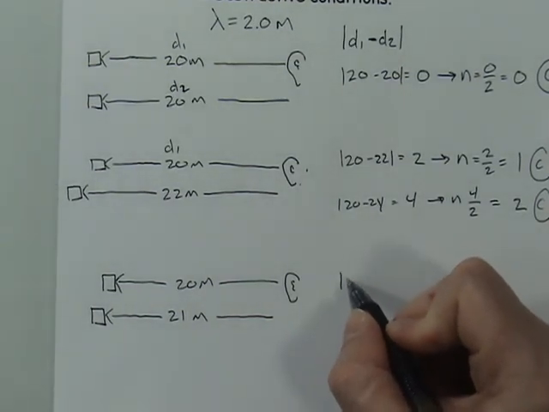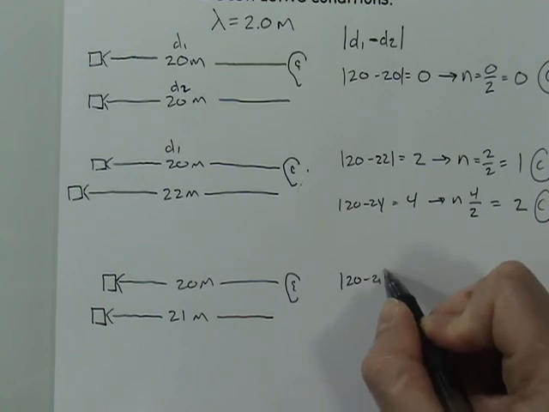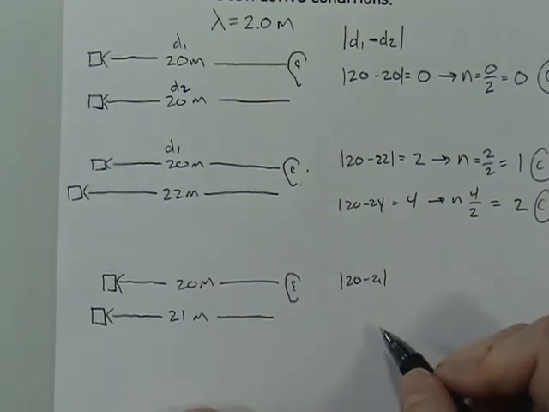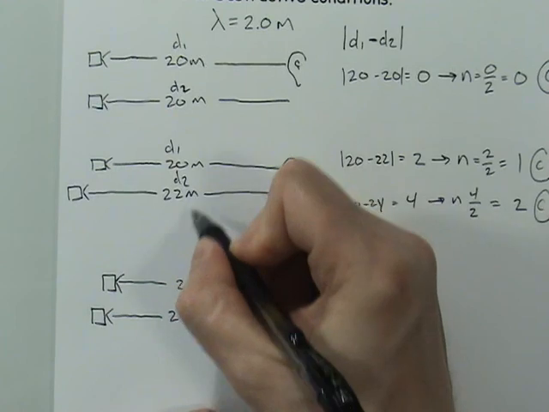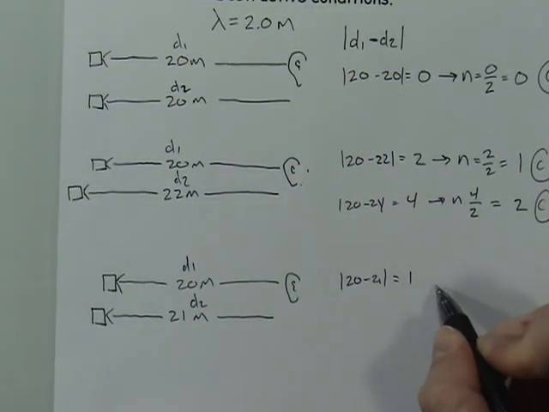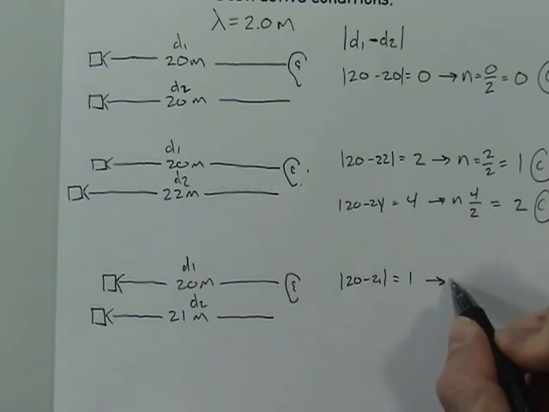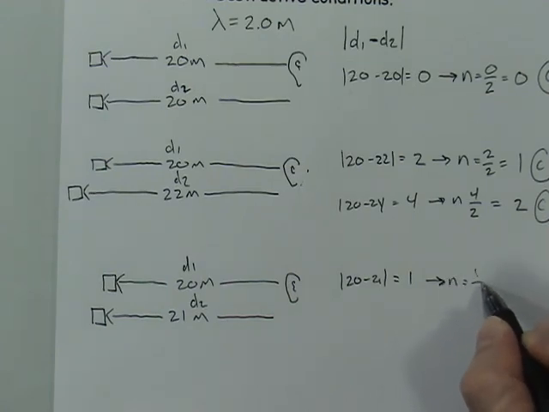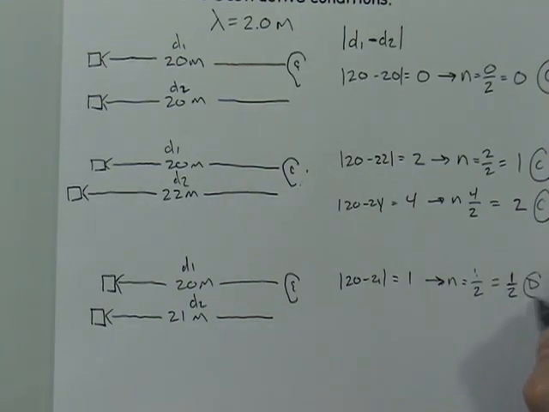So now I'm doing my D1 minus D2, and I'm going to end up with 1. When I go ahead and make this calculation, n is going to be equal to 1 divided by 2. That equals 1/2. Okay, that is going to produce destructive interference.